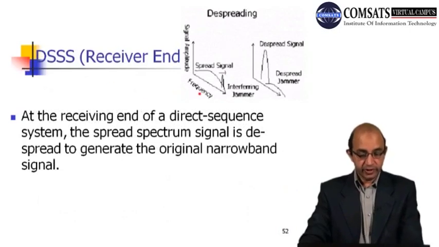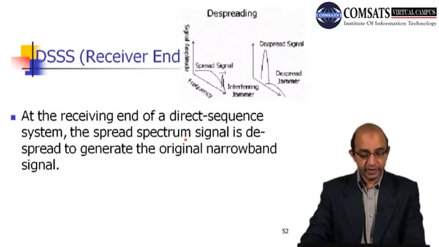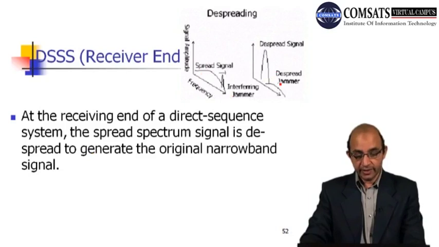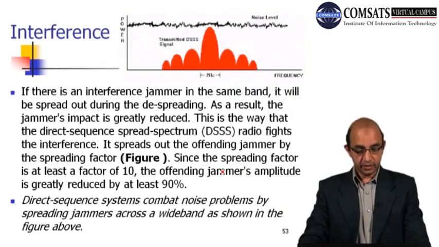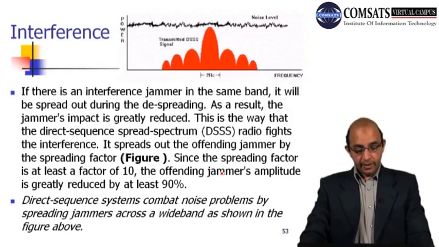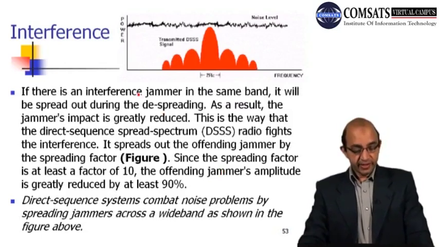If we talk about the receiver end, you can see at the receiving end of a direct sequence system, the spread spectrum signal is despread. So this is the spread signal, and this is the despread signal and the spread jammer, to generate the original narrowband signal. So here we have mentioned the interference, right?